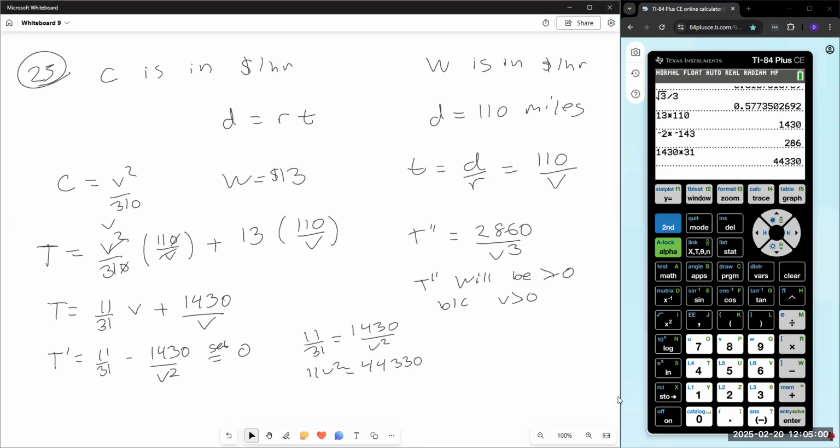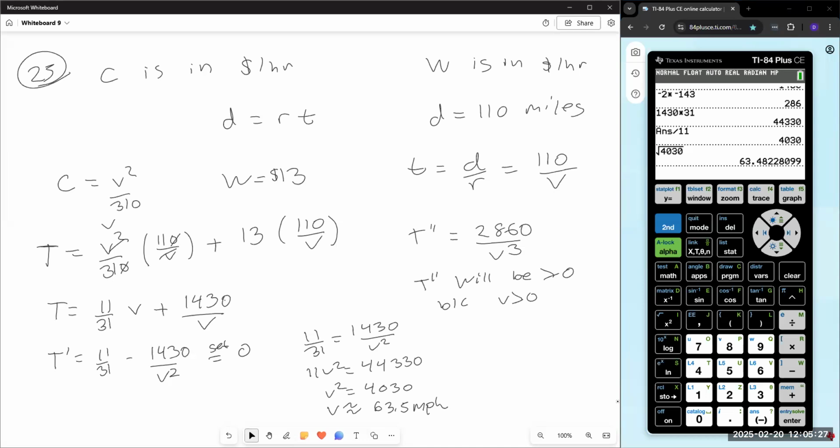We're going to divide by 11 and we get V squared is equal to 4030. And then I want to take the square root of that to get V is just about 63.5 miles per hour.